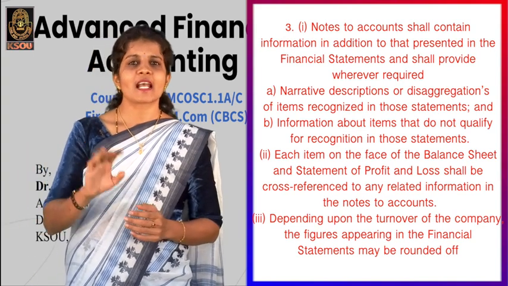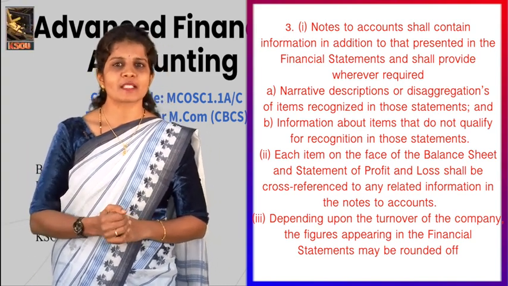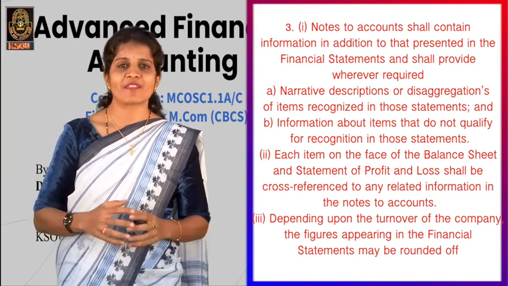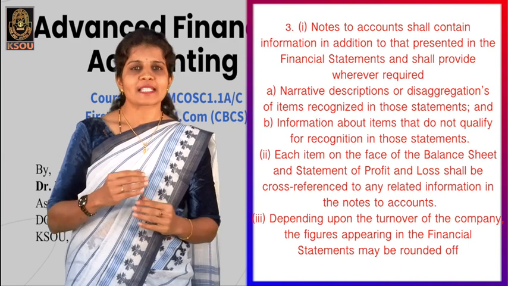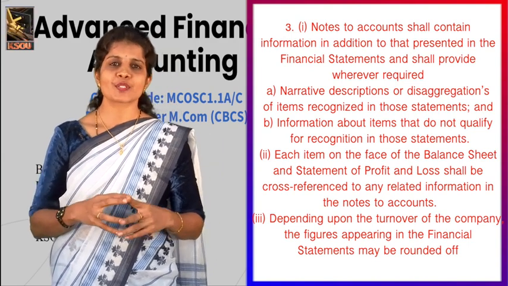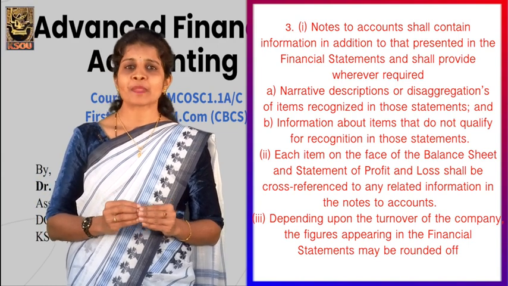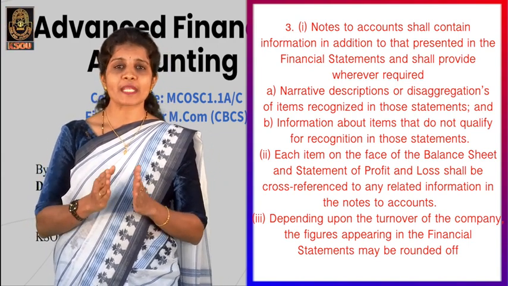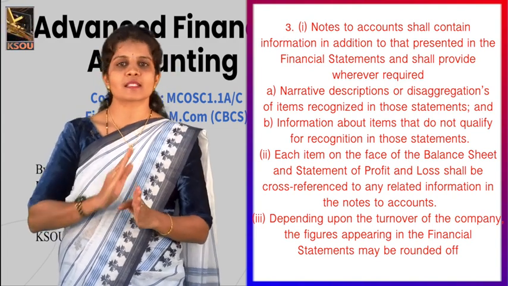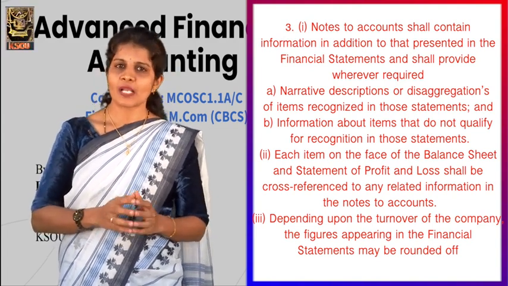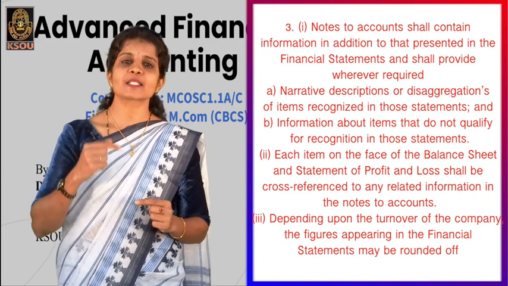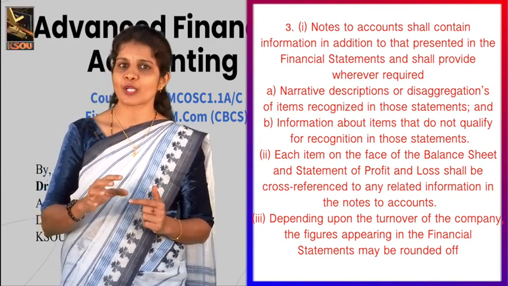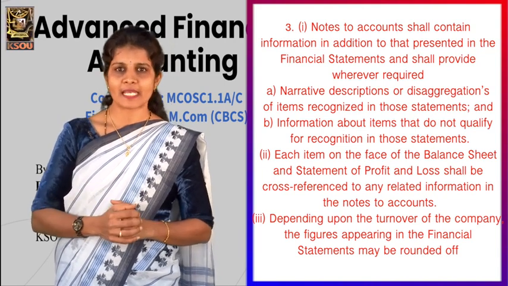And next is comparative information for the two different periods, which must be given in the financial statement. For example, if the company is going to prepare a financial statement, that financial statement must always be compared with the previous year's financial information. We know that the financial statement is quantified and presented in terms of money, correct?